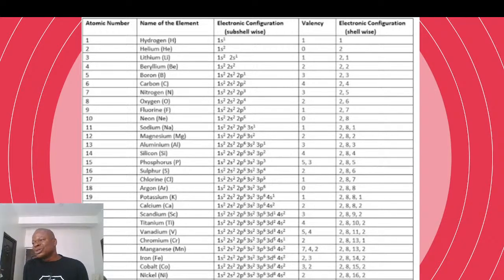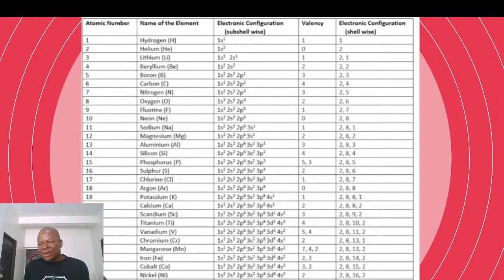If you go to the K, L, M shells, you have 2, 8, 8, 2. The valency electron becomes 2. So you can arrange it if you are drawing it. I think I've showed you how to draw or construct the electronic configuration. So you know where to put the 2, where to put the 8 and all that.